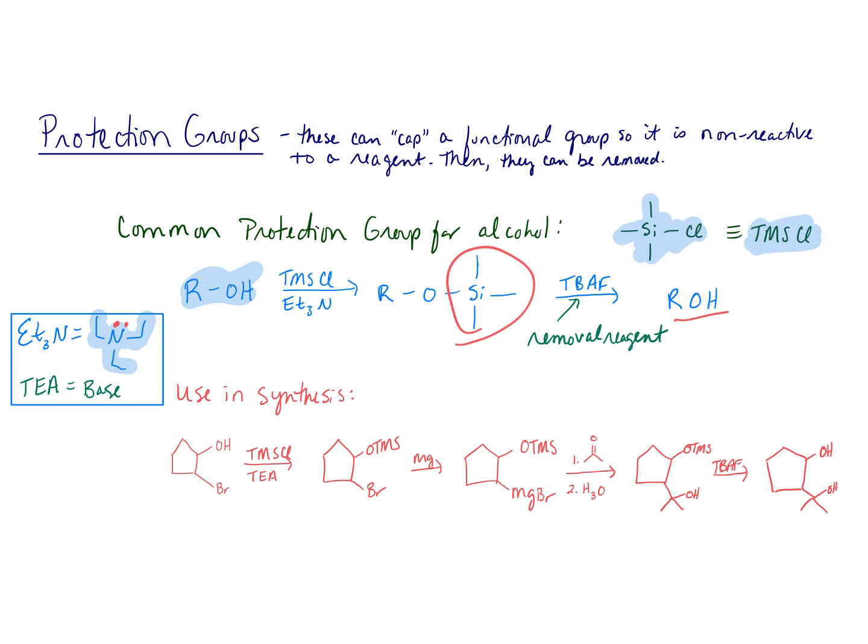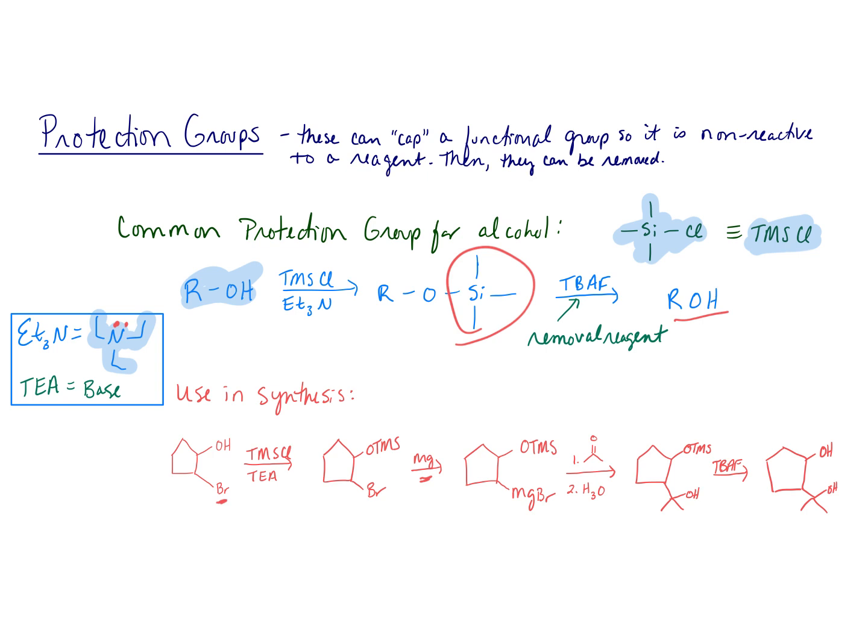So here's a potential use in synthesis, for example. In this case, we want to take this bromine functional group right there, the alkyl halide, and eventually we're going to turn it into a Grignard reagent. Well, remember, Grignards are sensitive to any type of alcohol or water, so any type of proton source will not work in the presence of a Grignard.